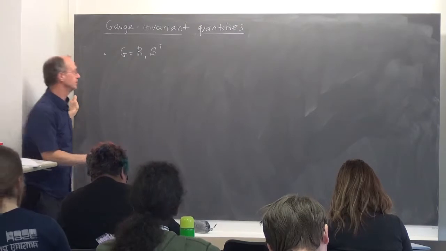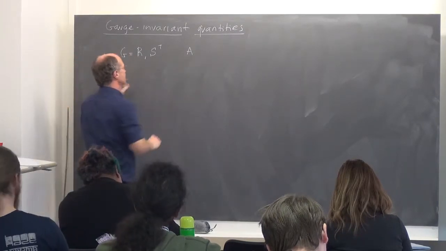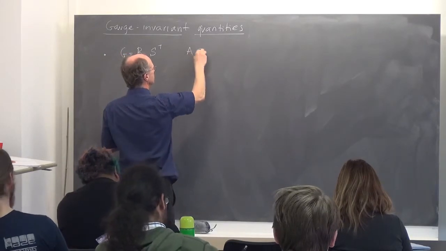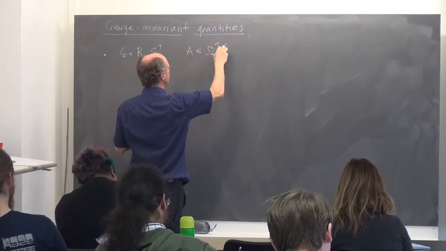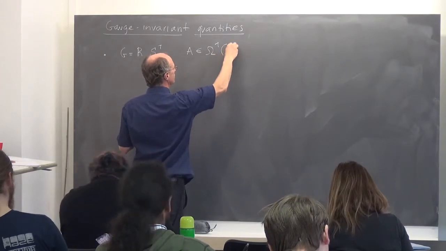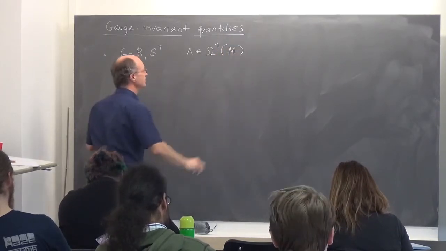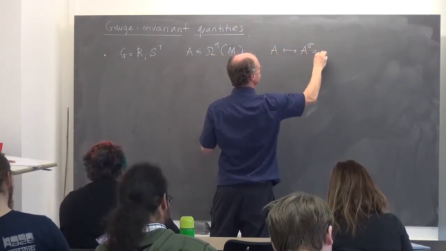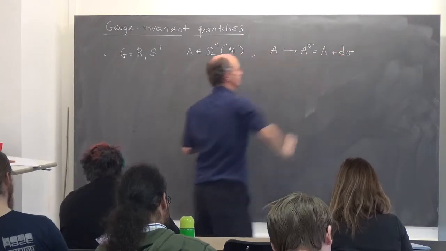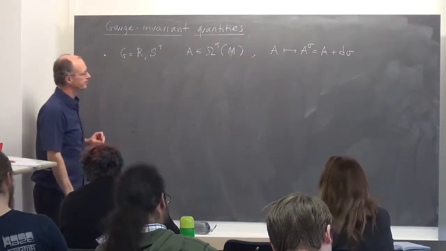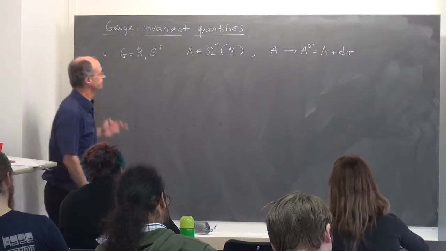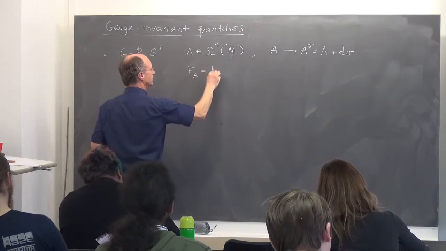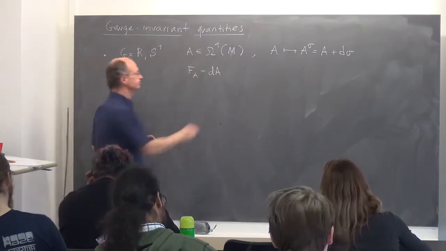So if G is abelian, for instance R or S1, we know that A will be a one form on M, and gauge transformations are just adding exact forms. So then we can introduce F_A to be simply the de Rham differential.